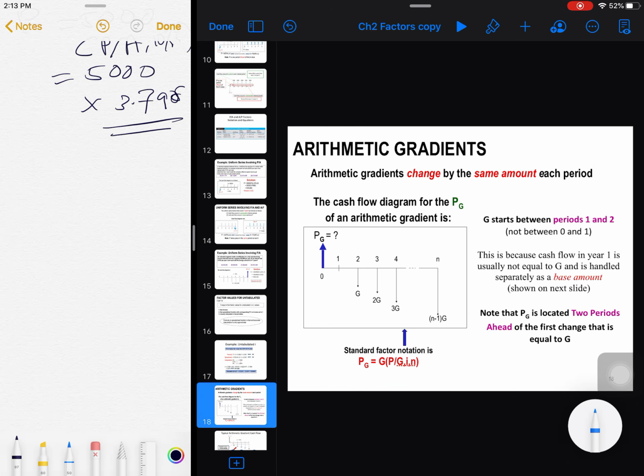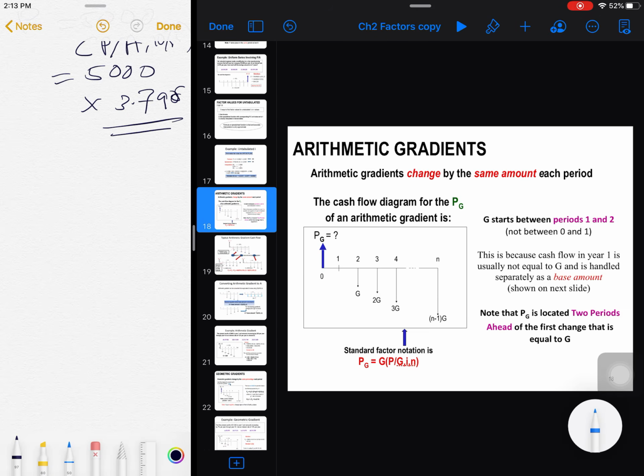Okay, so arithmetic gradient. What is an arithmetic gradient? Arithmetic gradients are gradients that change by the same amount each period. Okay, the cash flow diagram for PG, that's the notation PG, of an arithmetic gradient is PG facing upwards, and the Gs must face downwards.